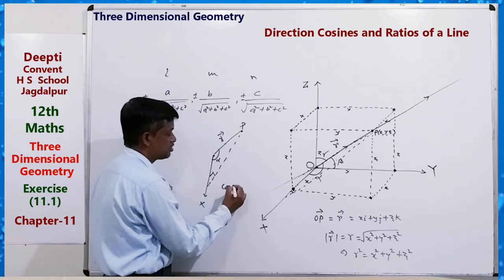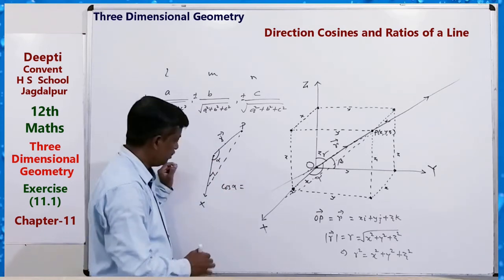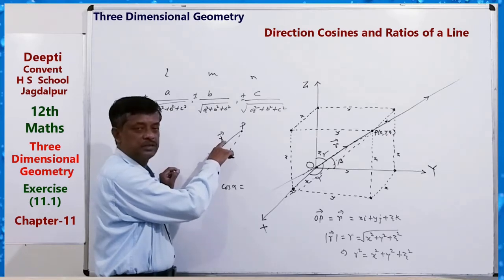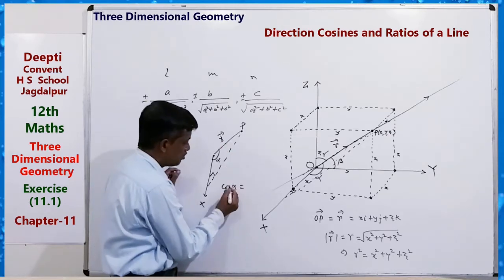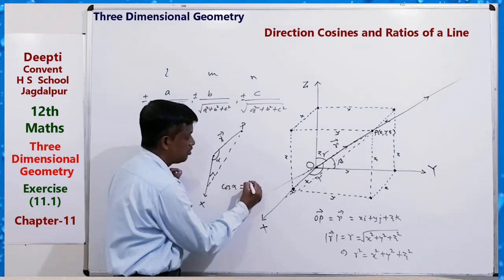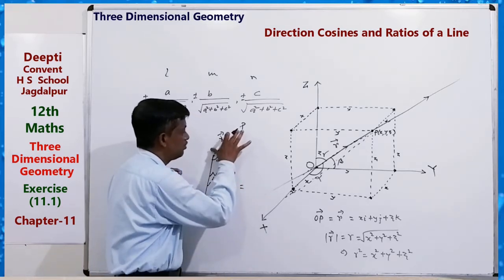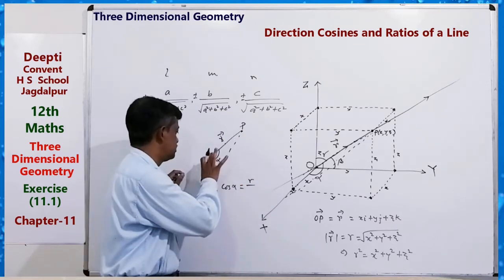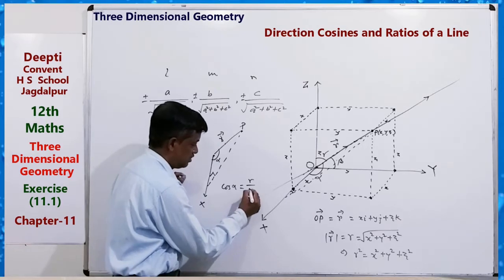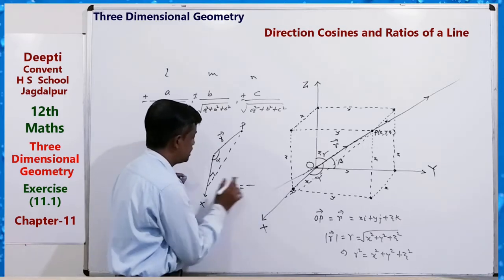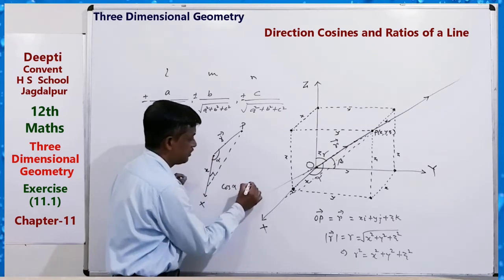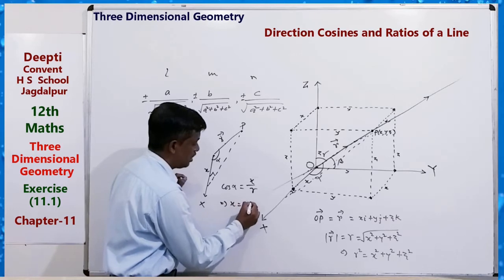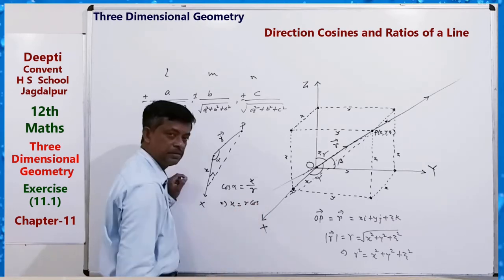So cos alpha equals base by hypotenuse. This is x, this is R, and its modulus is R. So cos alpha equals x by R. So here x equals R cos alpha.